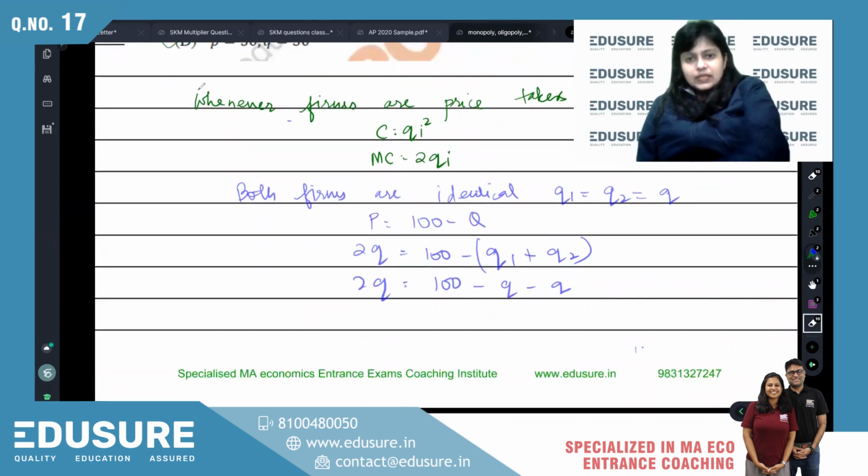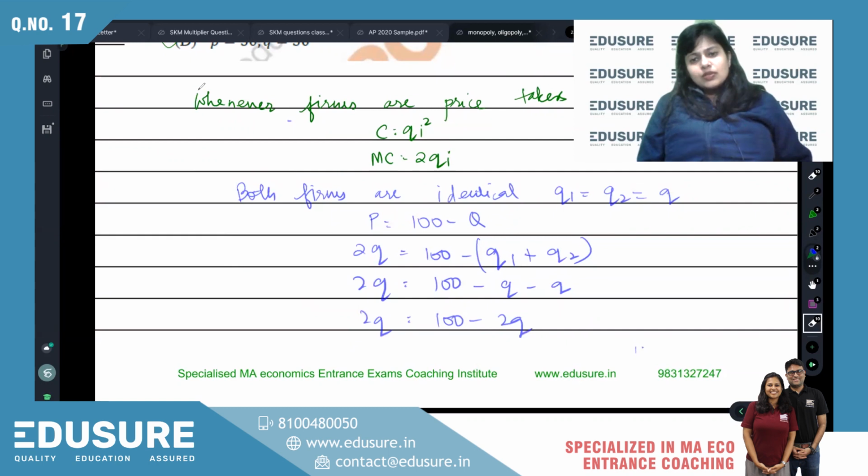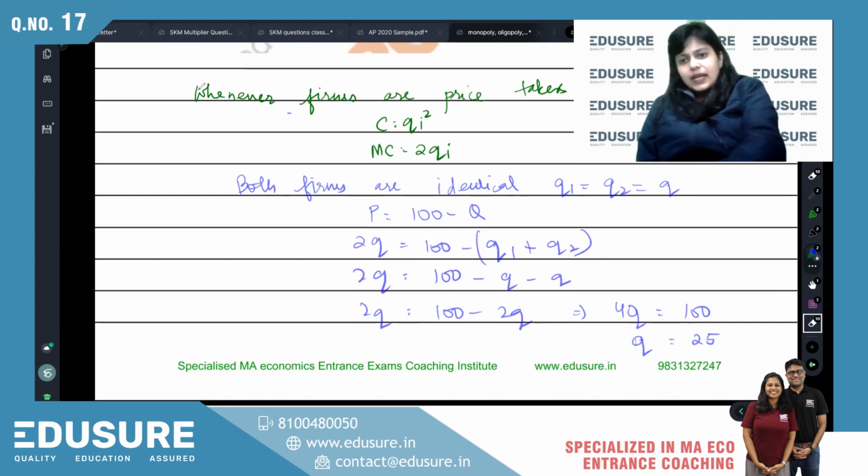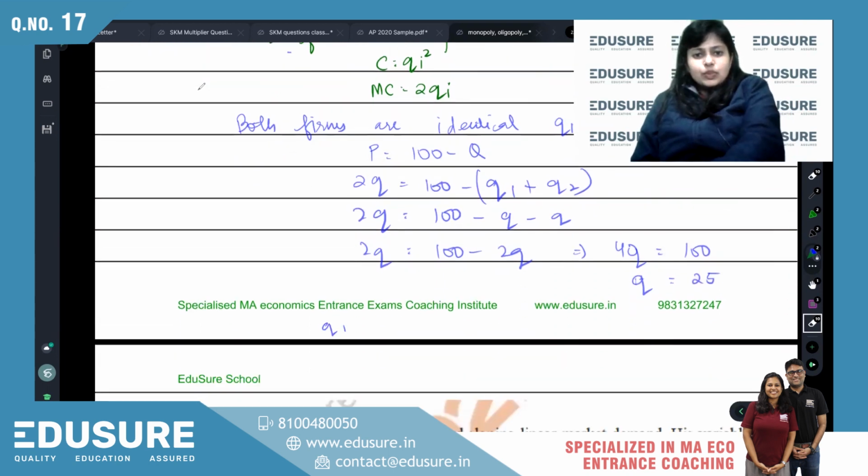So we can replace it as 2Q is equal to 100 minus 2Q, so 4Q is equal to 100. So Q is equal to 25. So basically this would mean that Q1 is equal to Q2 is equal to 25 and capital Q is equal to Q1 plus Q2, which is going to be equal to 50.